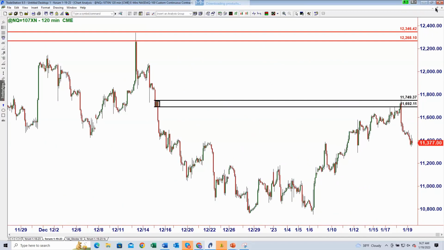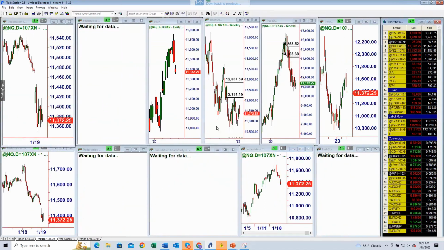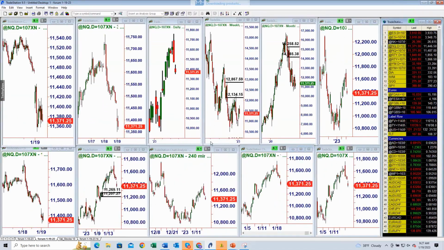And now, let me show you what we're coming down into. Let's look at the demand side of things. And for that, I'm looking at the futures. If you want me to look at the QQQ, I can do that as well.